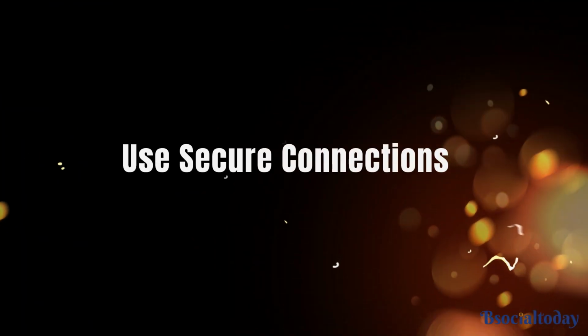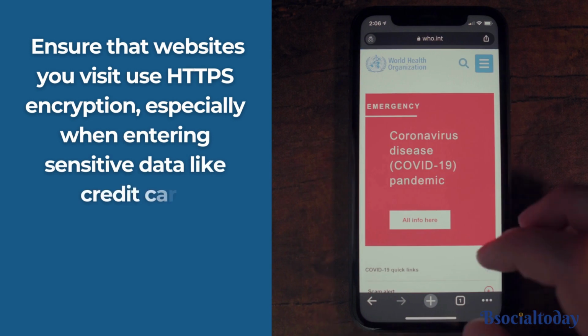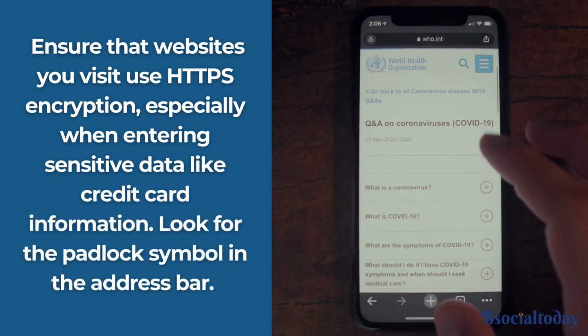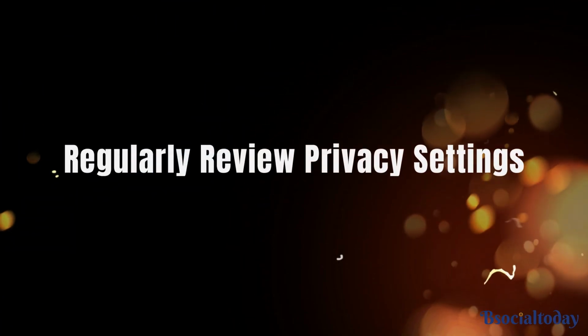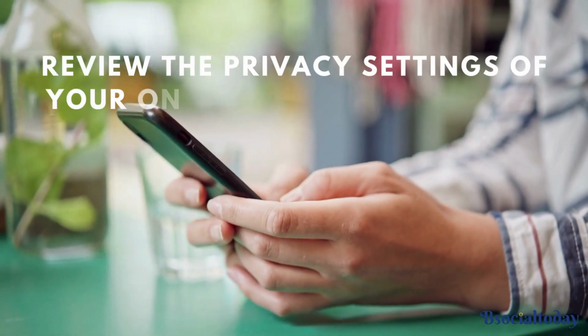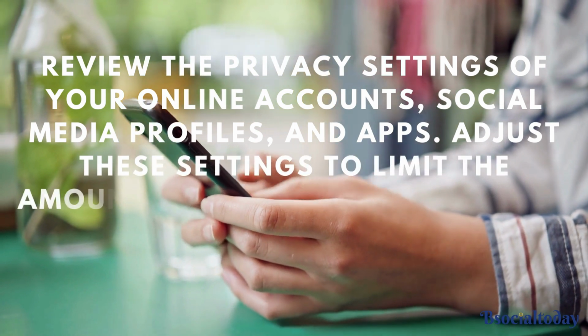Use secure connections. Ensure that websites you visit use HTTPS encryption, especially when entering sensitive data like credit card information. Look for the padlock symbol in the address bar. Regularly review privacy settings. Review the privacy settings of your online accounts, social media profiles, and apps.